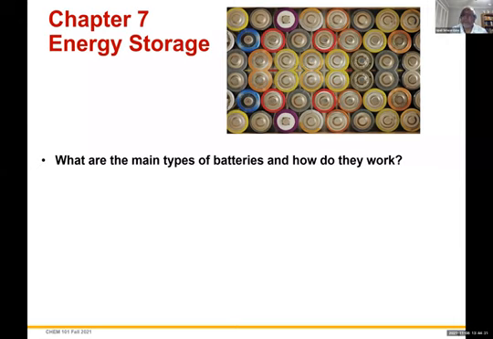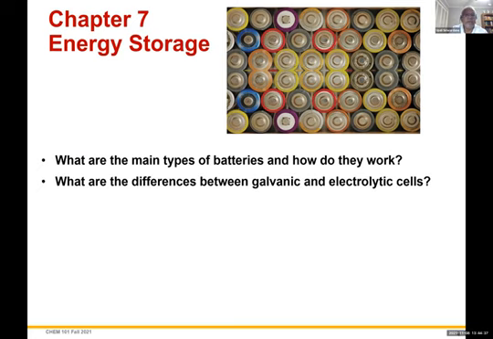Lithium batteries are used in cameras, cell phones and laptops. We're going to look into how they produce a current.